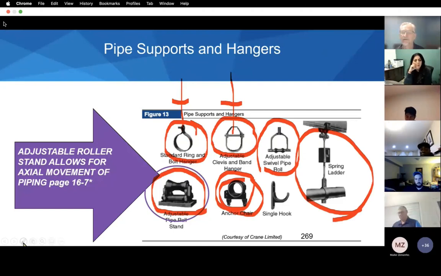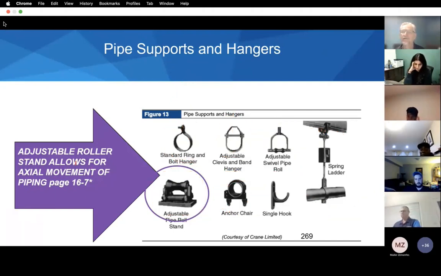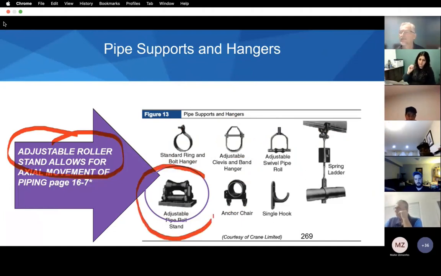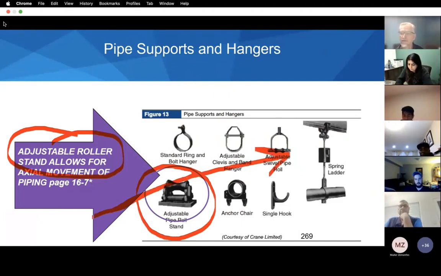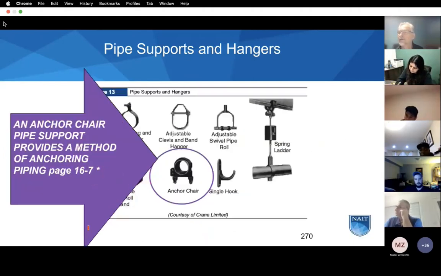On this slide, of particular interest, is the adjustable roller stand. This is for axial movement. The pipe is laying on this stand and it's moving this way and that way. Anchor chair: this is a method to anchor the piping.